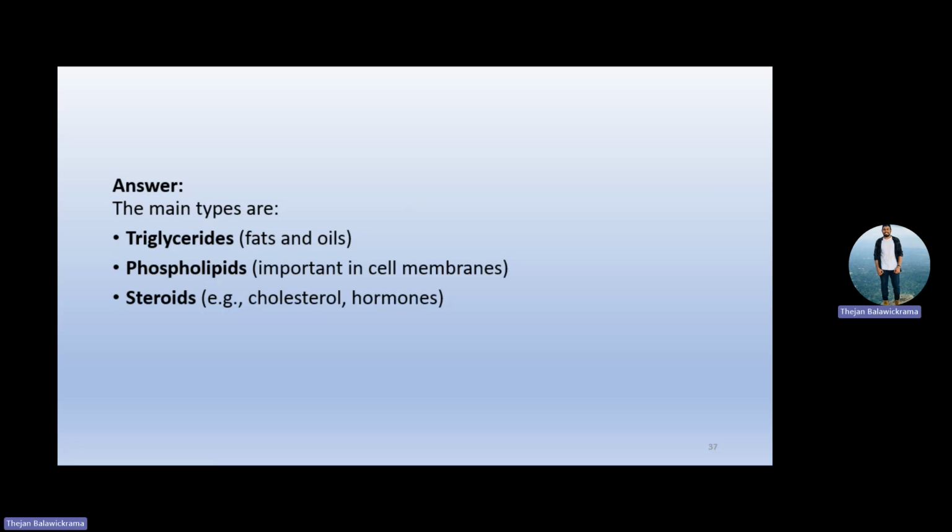So fats and oils, they are coming under that category. And we have phospholipids. Phospholipids are there in the cell membrane, in the animal cell, right? In the cell membrane, we have phospholipids. And we have steroids, cholesterol, hormones, right?